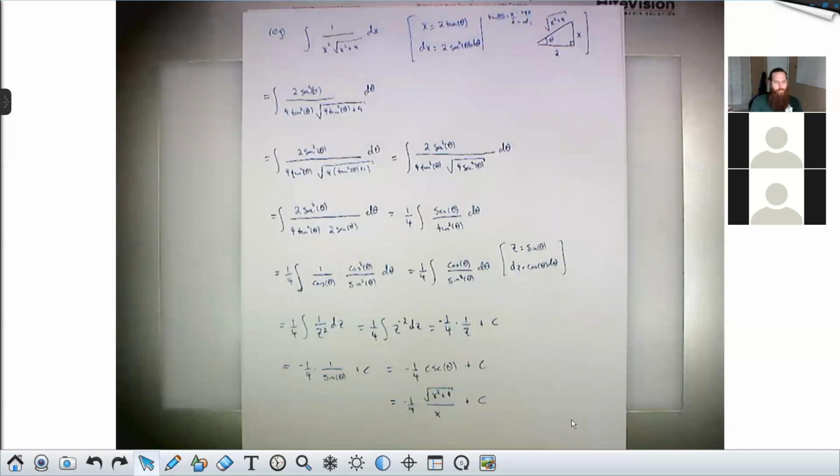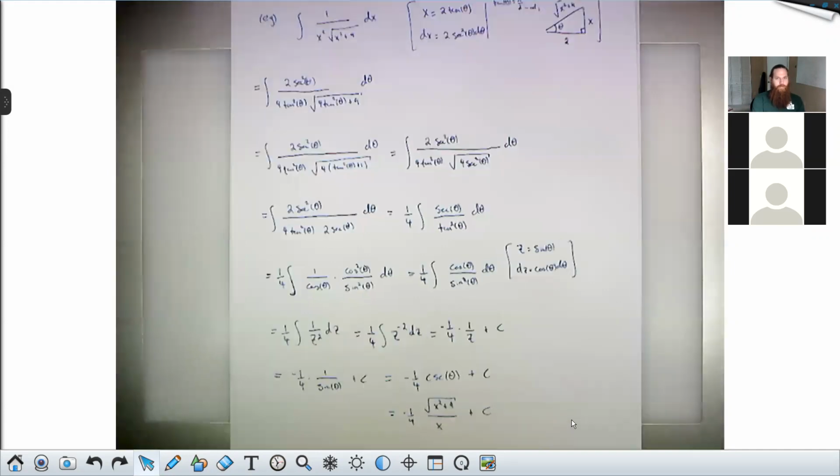It can be quite tedious. But if you're patient and you follow your nose and you think about what steps would make sense given what you're looking at, there's nothing outrageous here. You do need to be 100% comfortable with section 7.2 though. Okay, questions on any of these steps?